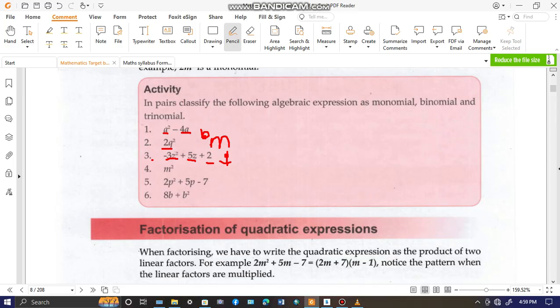Number 4, you only have one term, that one is a quadratic monomial. And then in number 5, you have three terms, quadratic trinomial. Number 6, you only have two terms, that one is a quadratic binomial.